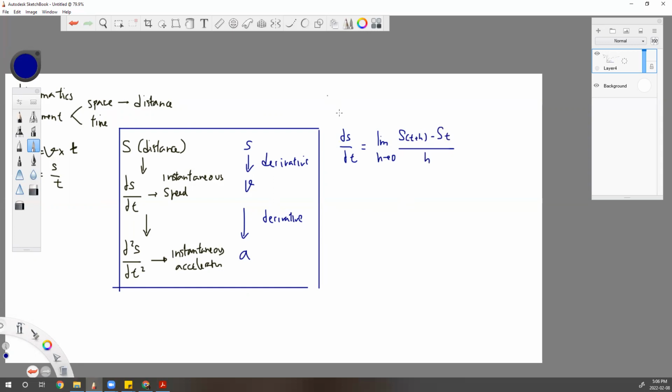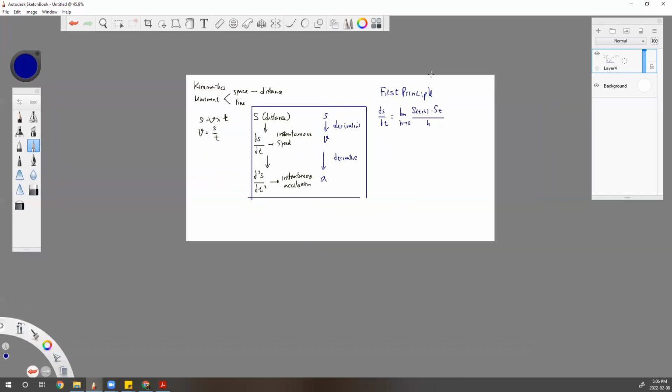Remember this rule? This is the basic principle, the first principle of the derivative. The first principle of the derivative.